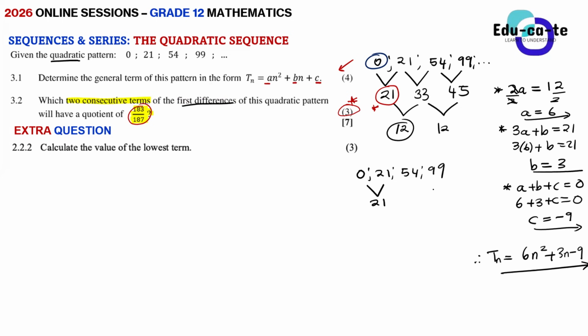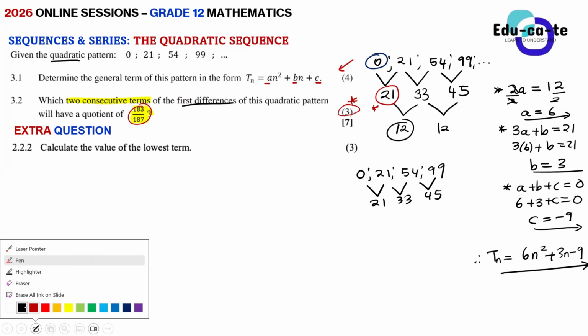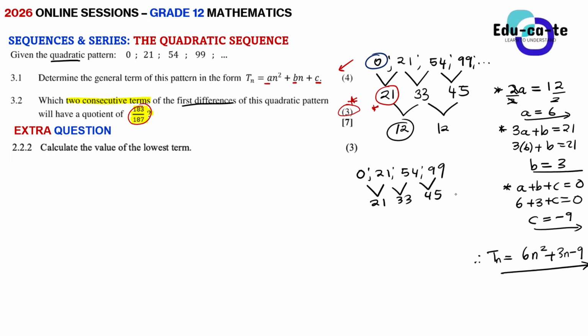So I'm looking for two consecutive terms A and B in the first differences, following each other, such that A over B is equal to 183 over 187. What must be A, what must be B, so that my quotient is that? Let me give you 3 more minutes, guys, then at least someone must have a hint of what to do. I have something, Lasse. That's nice.